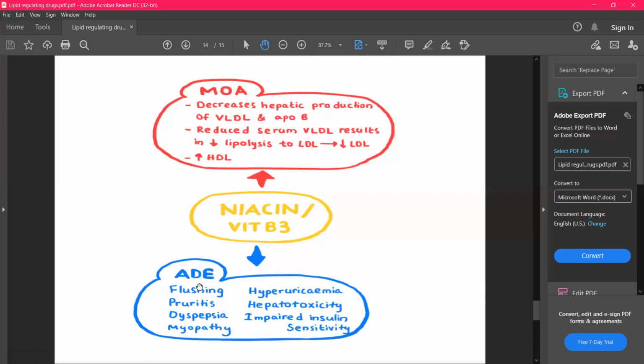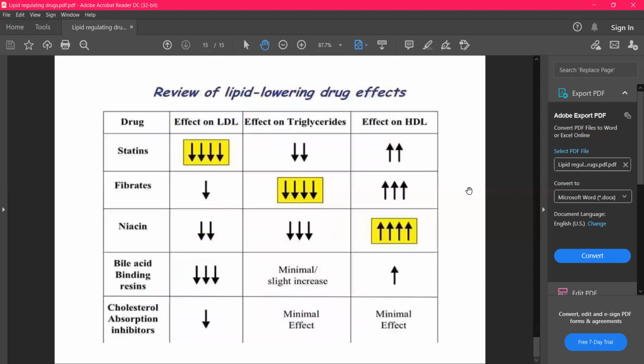And there will be inhibition of uric acid secretion. That is why you get hyperuricemia, and then that can progress to gout. So it's contraindicated in gout or hyperuricemia. It's also contraindicated in peptic ulcer disease and active liver disease. Niacin is not that important, but these things may be a little interesting to know.